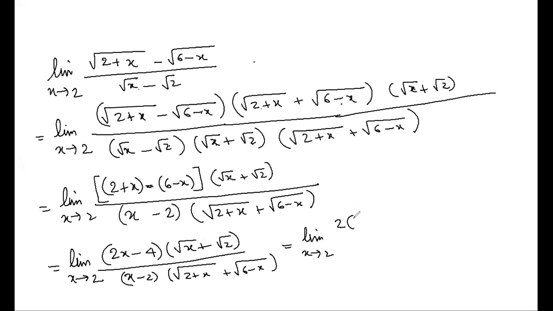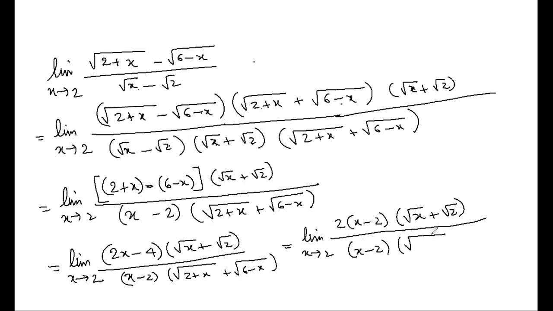Take a 2 common, x minus 2 will come here. And we are very happy now because we got the common factor in both numerator and denominator. This was our aim. From the beginning itself, our aim is only one thing, get x minus 2 as a common factor. Now, once you get that, our job is done.